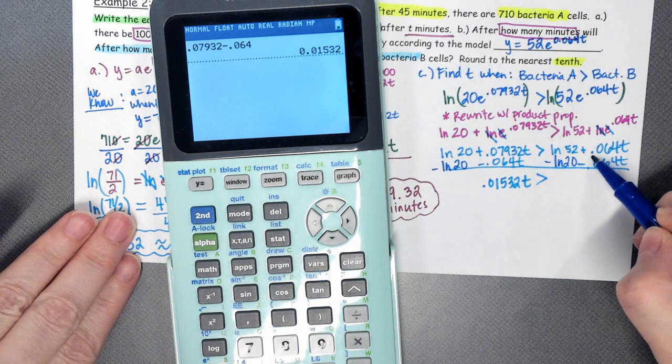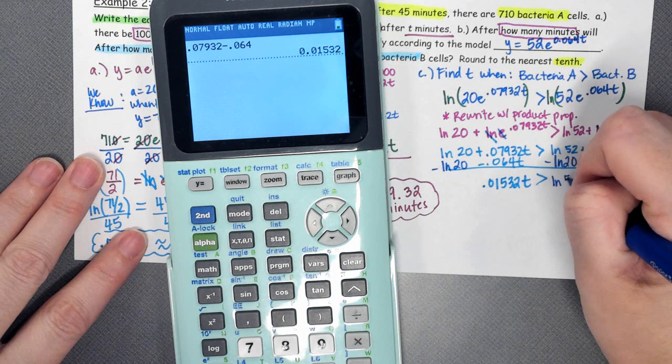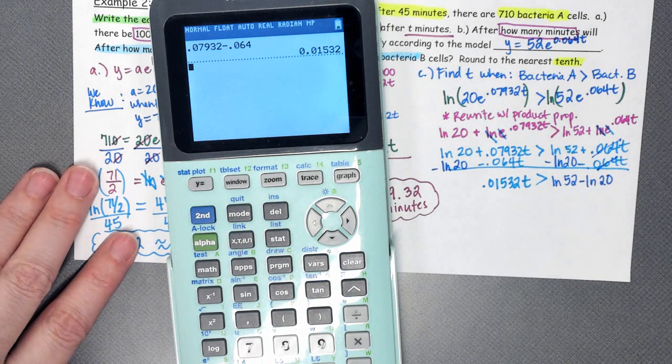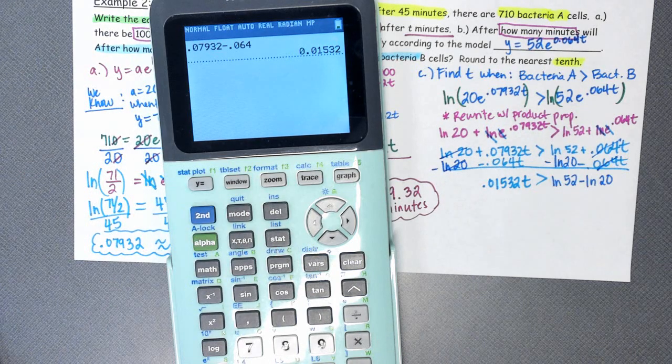Okay, so on this side, these canceled, right? So now I have the natural log of 52 minus the natural log of 20. On that side, those canceled out.